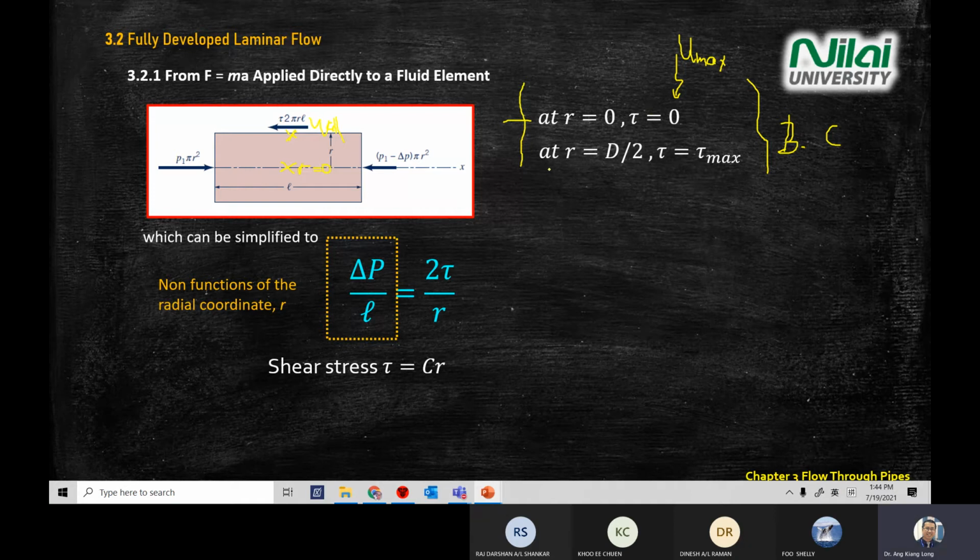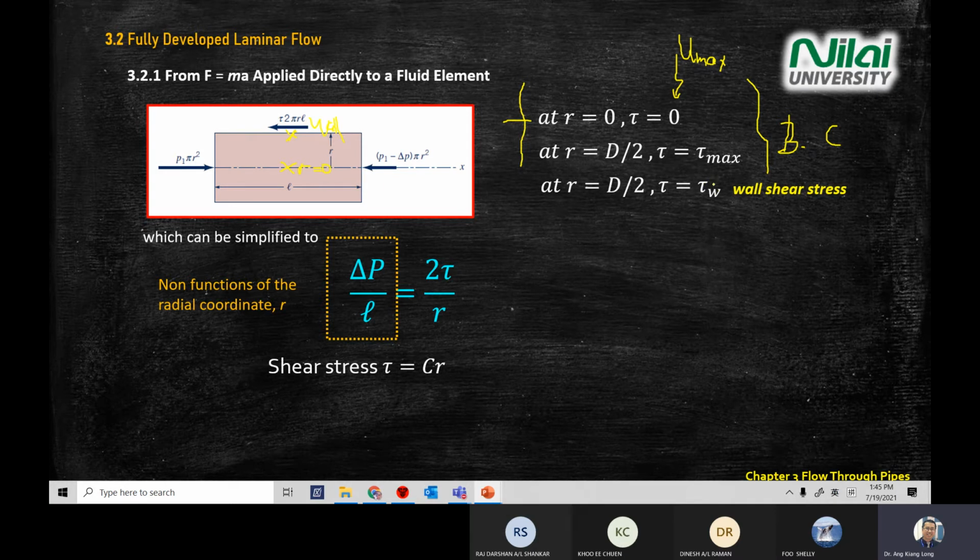Make sure you understand the logic behind the boundary conditions. Then we can write it this way. At R at the wall, D divided by 2, your shear equals your wall shear stress.